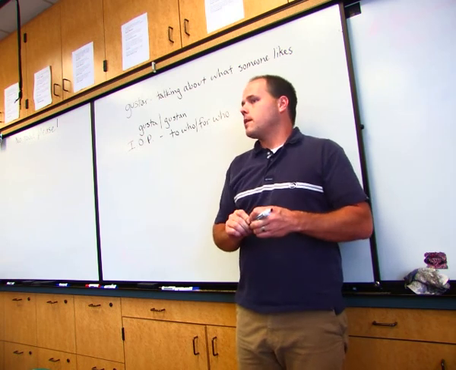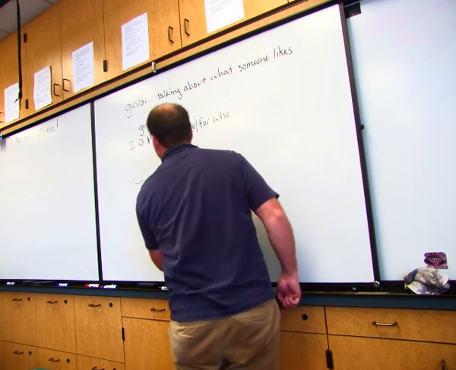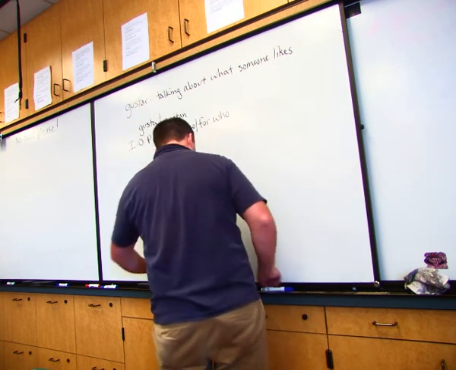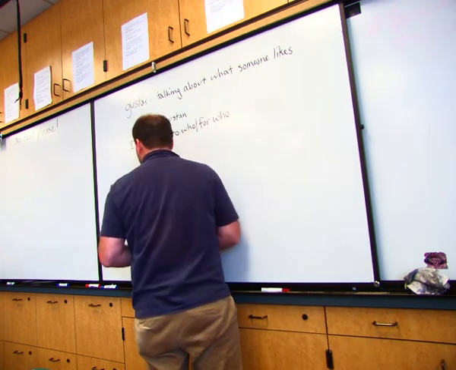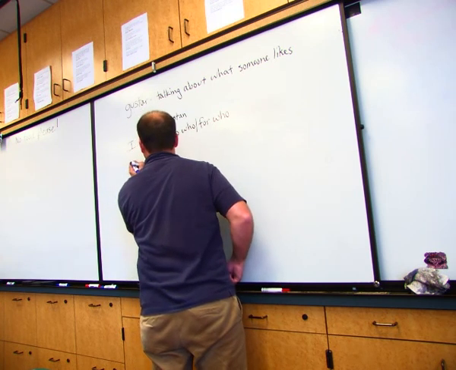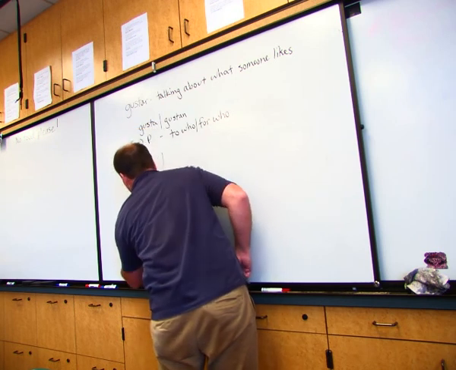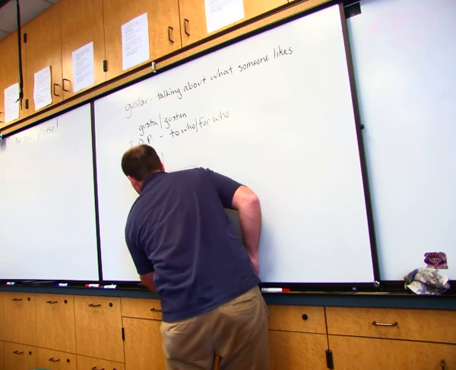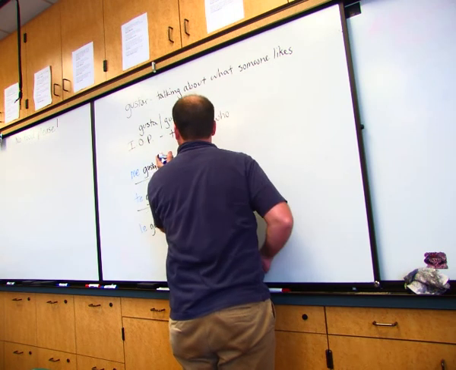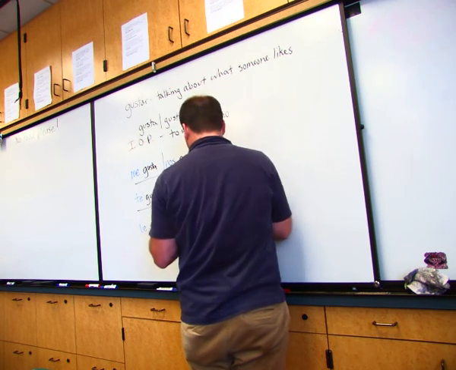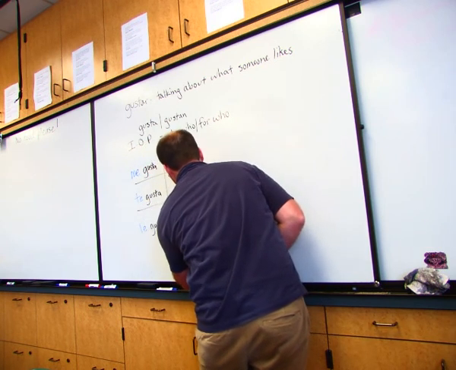Okay? We need an indirect object pronoun. What are our indirect object pronouns? Me, te, le, nos, les. So when we have them here, we're going to have me gusta, te gusta, le gusta, nos gusta, and les gusta.